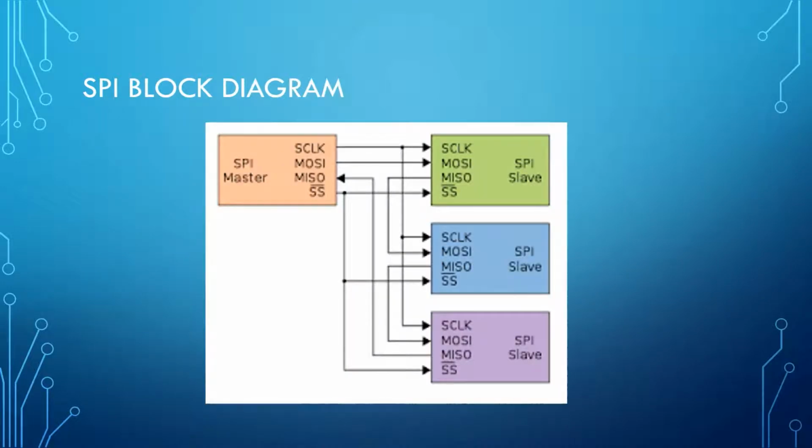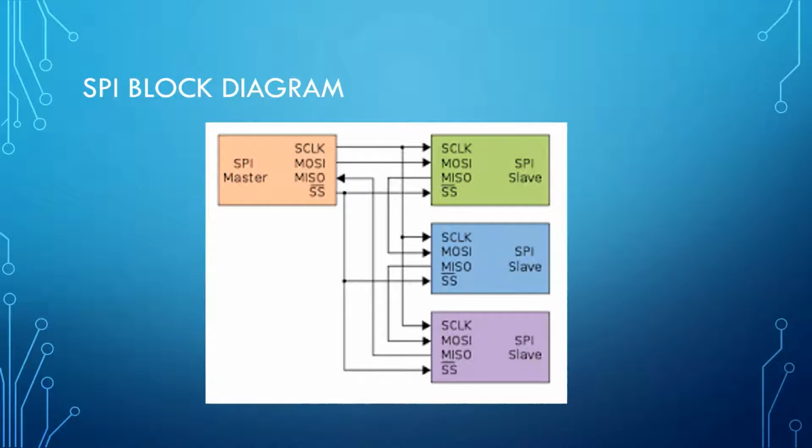This is the block diagram of SPI. On the left side is the SPI master, and on the right side are the SPI slaves. The clock line comes from the master and goes to the slaves individually.